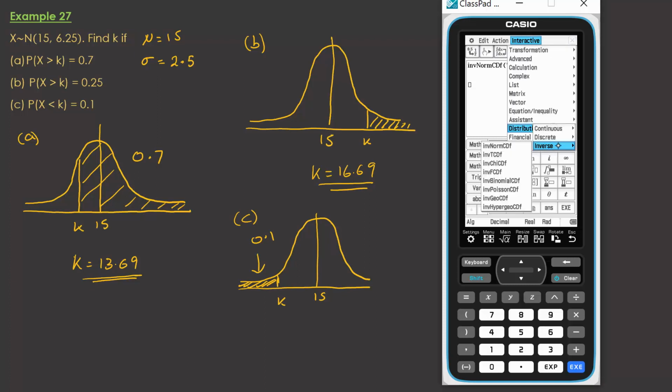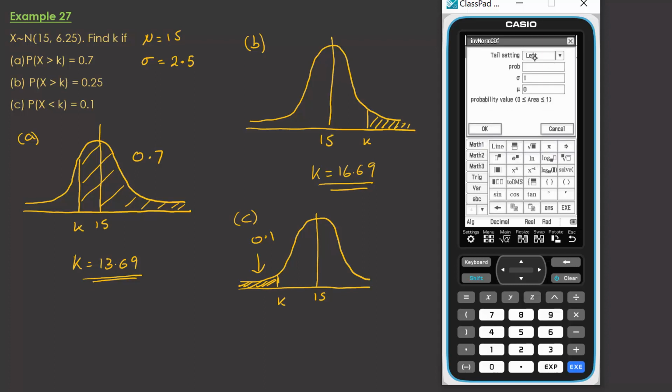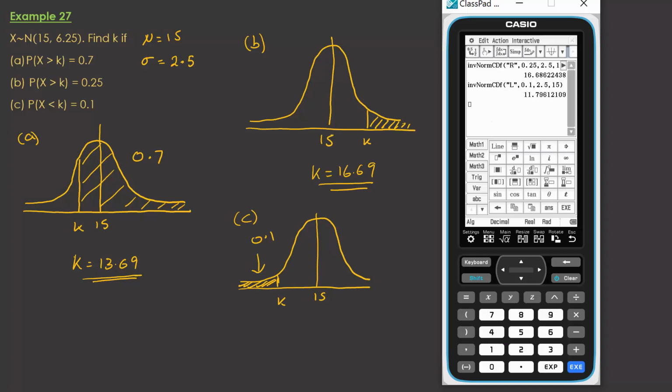So when we go to the inverse, this time we'll leave the tail setting as left because the area we want is on the left. We've got 0.1 and we have 2.5 and 15, and that is 11.80.